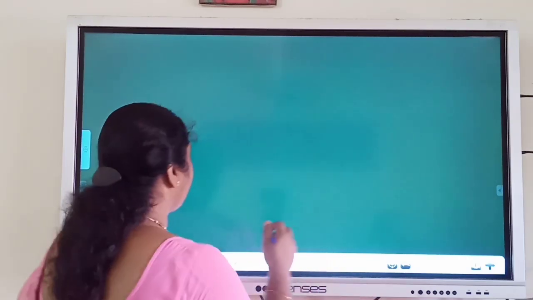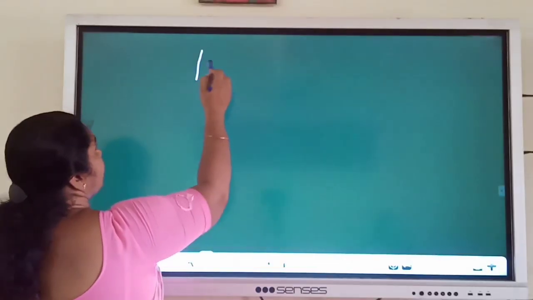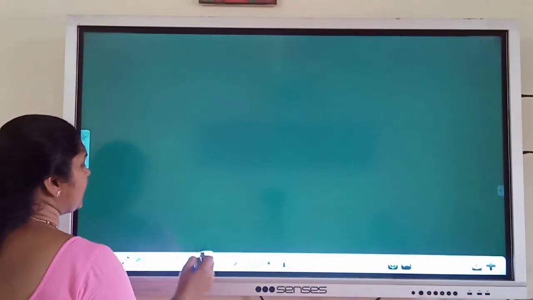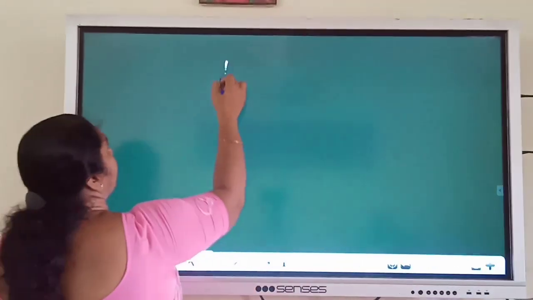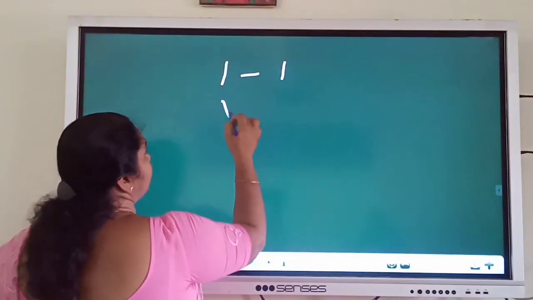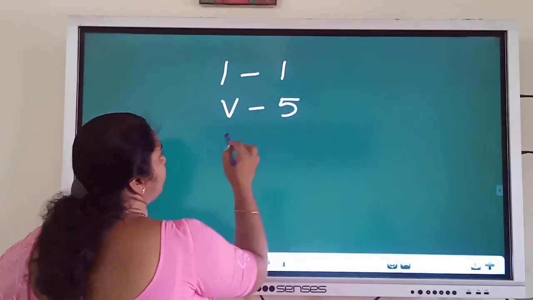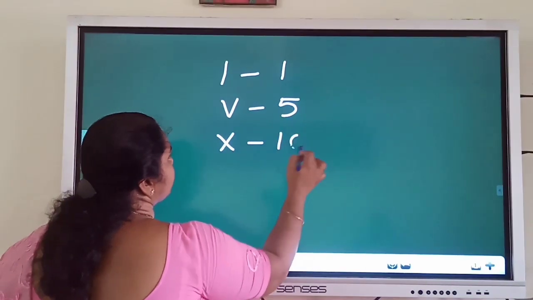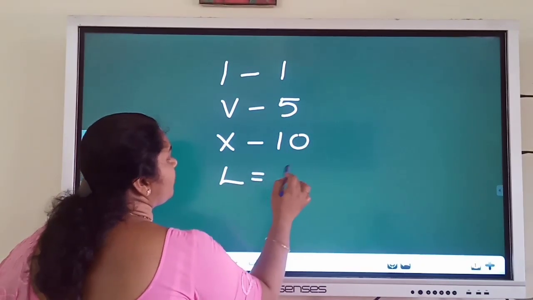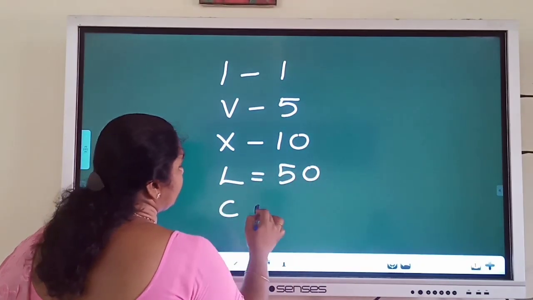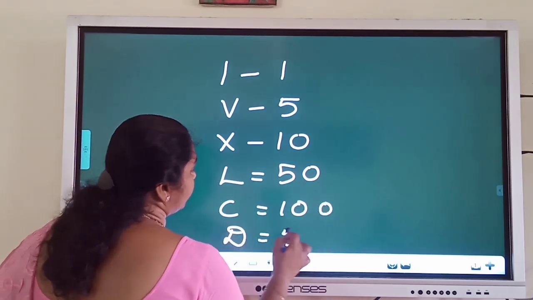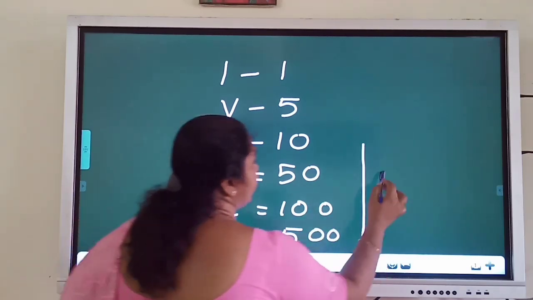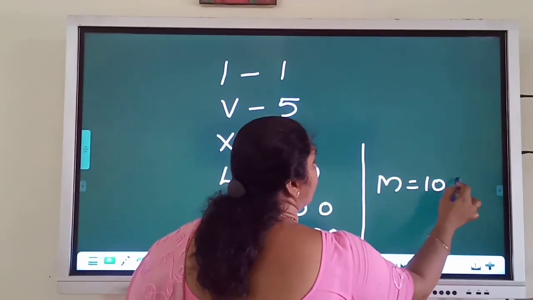So before that, we will write once more what is I. I is 1, V is 5, X is 10, L is 50, C is 100, D is 500, and M is equal to 1000.